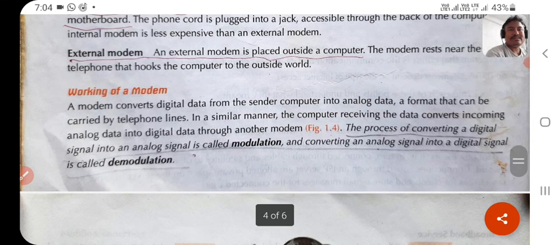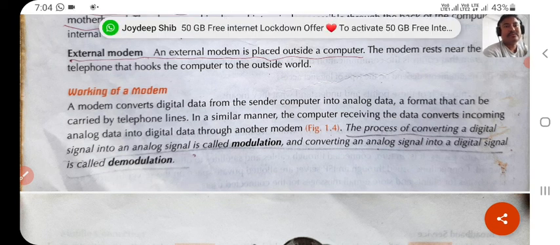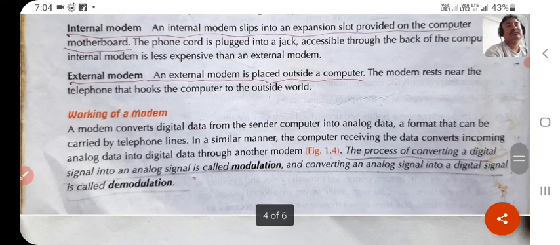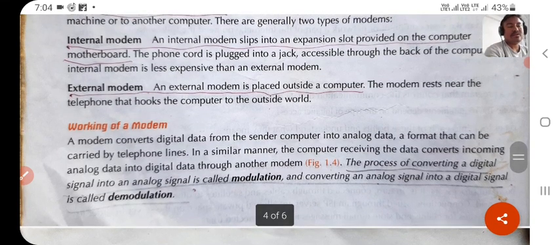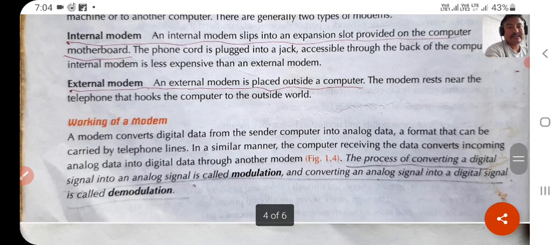So it means the modem is sending data into digital, and it is converted from digital data into analog. Digitally it cannot be sent. So when it is sent, it is converted into analog, and when it reaches the destination and is received by the other network or system, it is received as analog, and it is converted again in the modem itself into digital, then displayed on the screen.